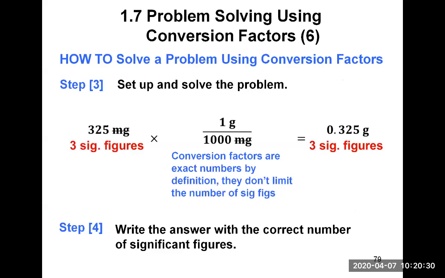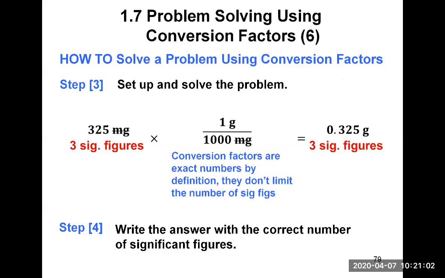And then the next step is to set up the calculation and solve the problem. You always start your calculations by writing down the given measurement. And here the given measurement was 325 milligrams times the conversion factor that will cancel the milligrams. So you will write 1 gram over 1,000 milligrams.